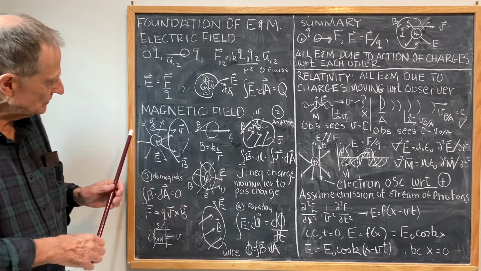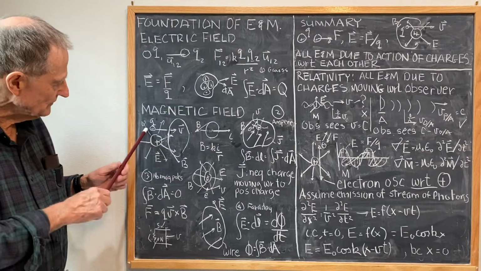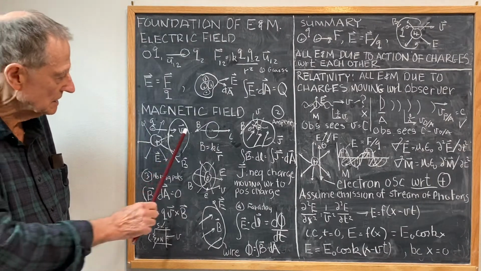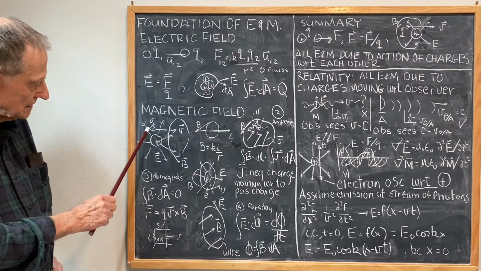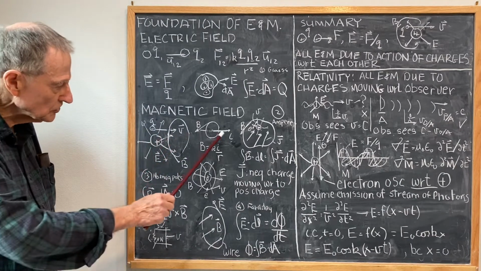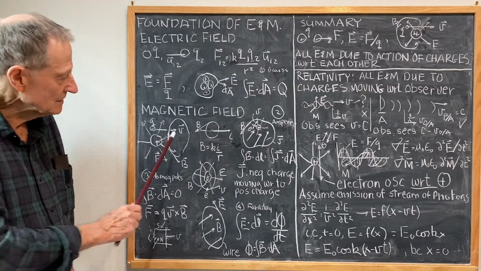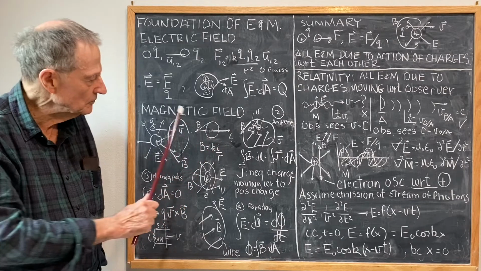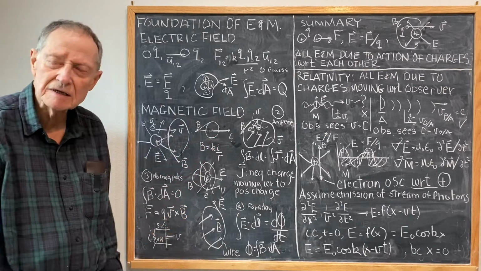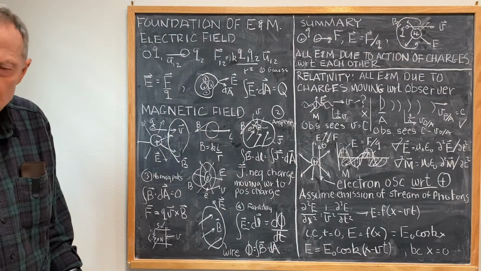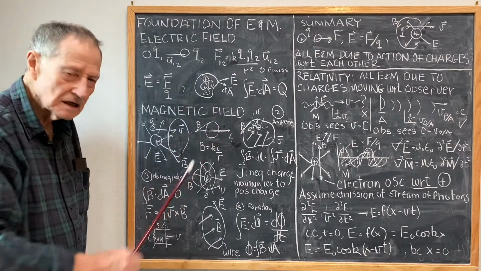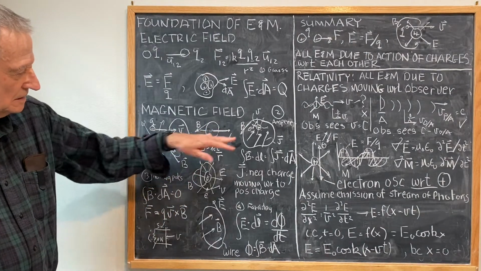So, the more general case of that is a current, which consists of moving charges, or moving electrons moving with respect to the fixed positive nuclei in the wire.